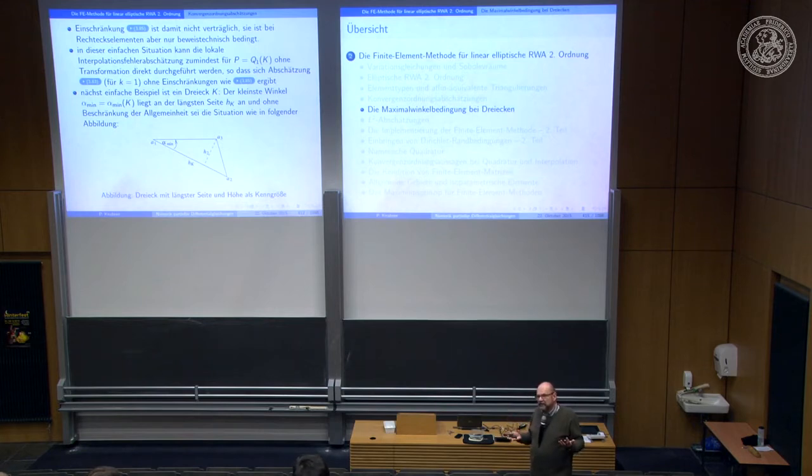So we have to do it somewhat differently. We have to omit to some extent the transformation to the reference element. And doing so, we can come up with an alternative condition which is not so prohibitive in many situations.